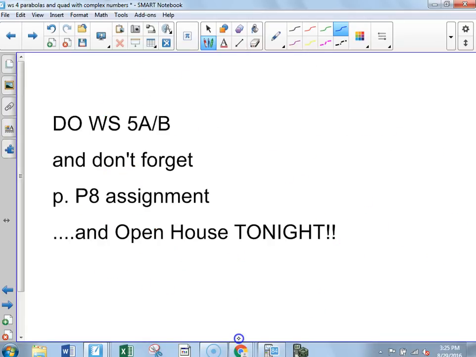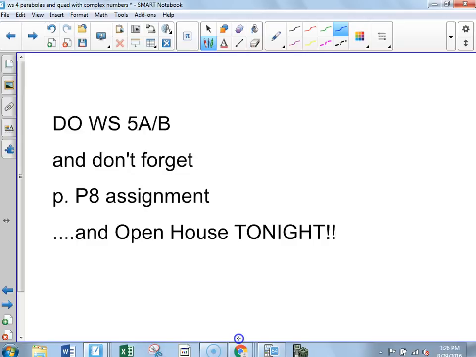Okay, guys, for the homework check, you need to do worksheet 5, and don't forget we did bookwork on imaginary numbers, on complex numbers on Friday. That's also due. Those are both due on Thursday, okay?